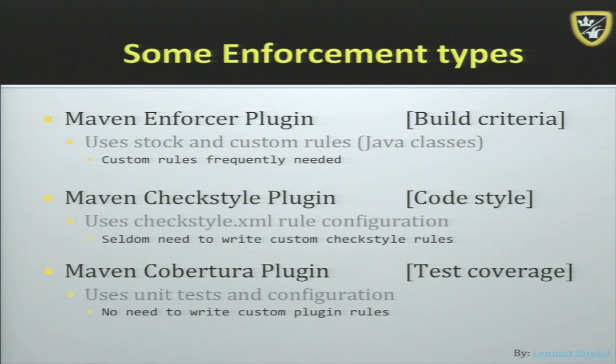The Maven Enforcer plugin inspects a Maven POM and whatever is done with a Maven POM, dependencies, plugins and whatnot, and also external aspects such as JVM version, Maven version, operating system version, or what have you.